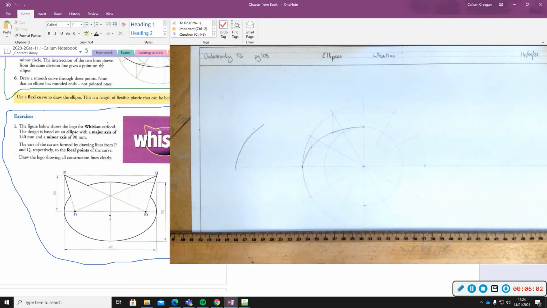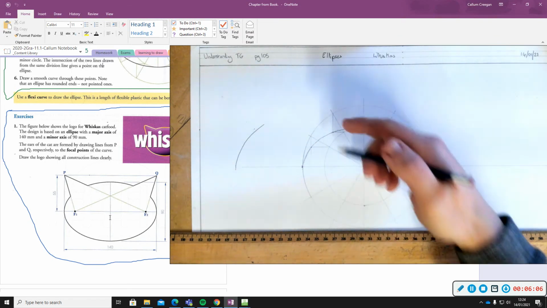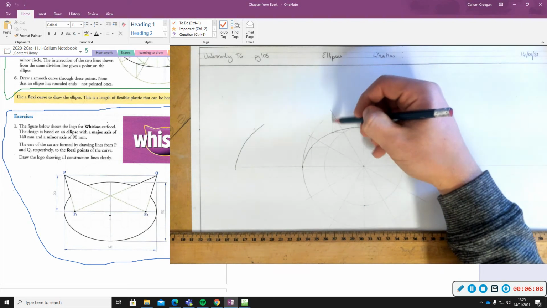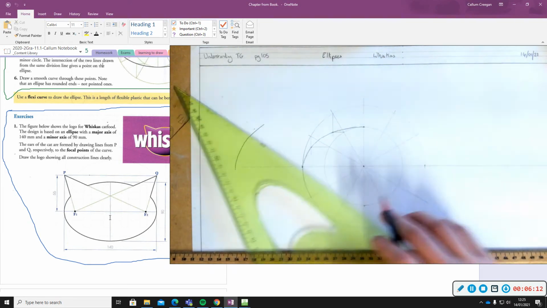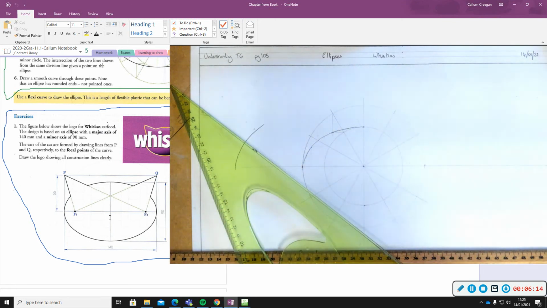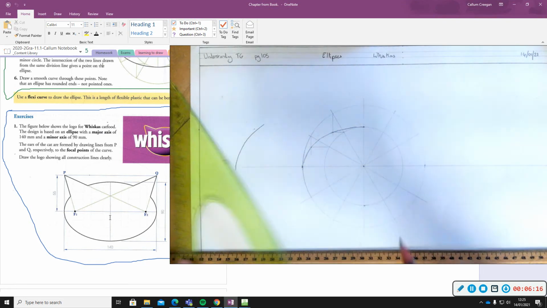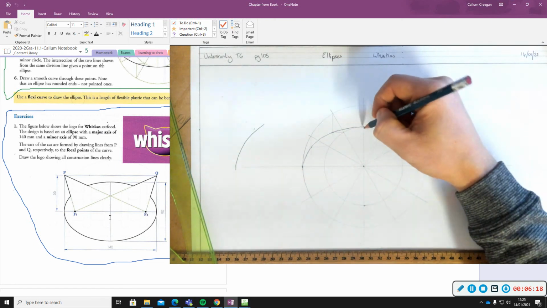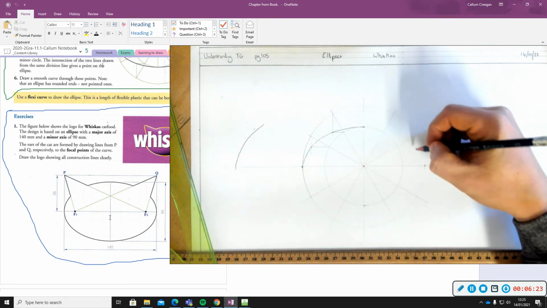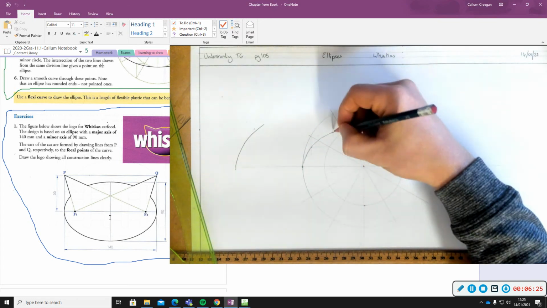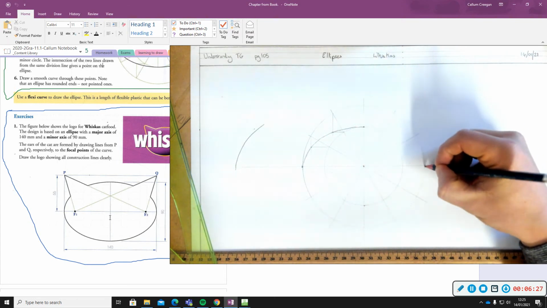Now, I'm going to do the rest of it. And this is where people can get a bit confused, because it's these vertical lines and horizontal lines. People might come across at 45 degrees, or they might mess it up somehow. But the best way to do it is, you know that the point is going over here. So you have to try and figure out where the 2 points are going to intersect over here, and then bring it down towards here.